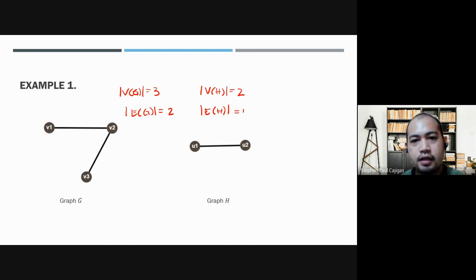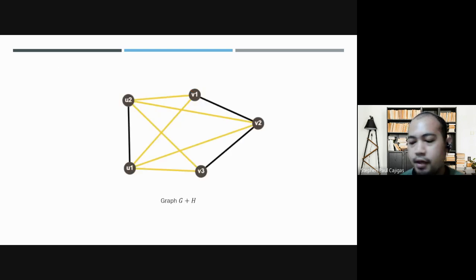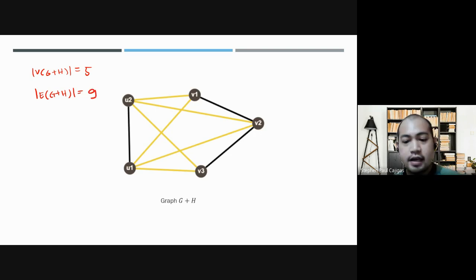So again, 3, 2, 2, 1. Once we have made the join, how many vertices do we have in G plus H? What we have here is 5. How many edges? 1, 2, 3, 4, 5, 6, 7, 8, 9. Right? 1, 2, 3, 1, 2, 3, 4, 5, 6. 6 plus 3, so yes, we have 9. Okay? So do that for the other examples.